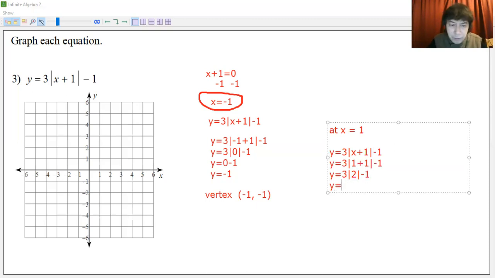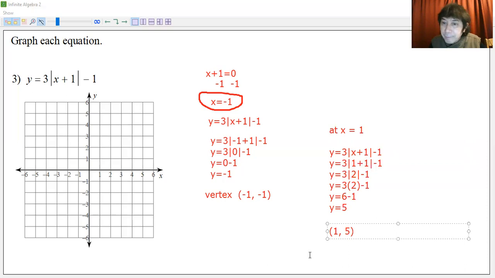And this continues 3 times 2, okay, minus 1, which results to 6 minus 1. You see, we're going to have it in detail. All right, so this will be 6 minus 1, which is 5. So y is equal to 5 there. And we have our point. When x is 1, a positive 1, our y is 5 there.